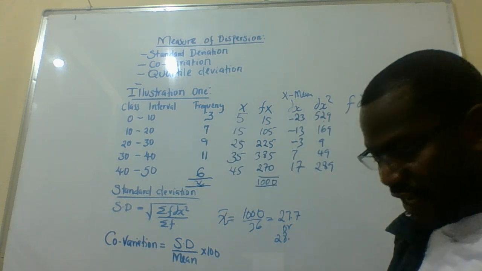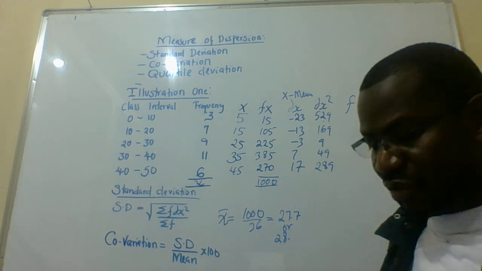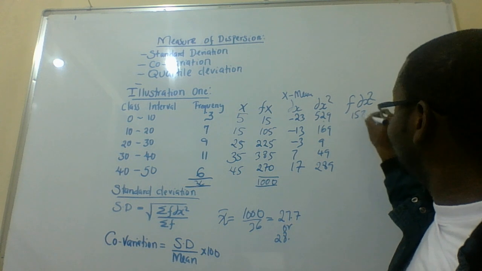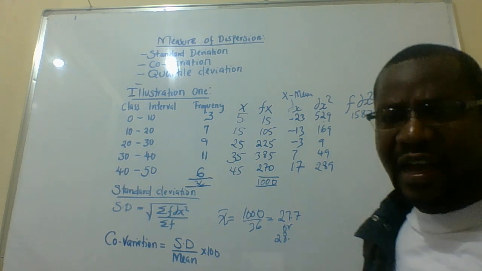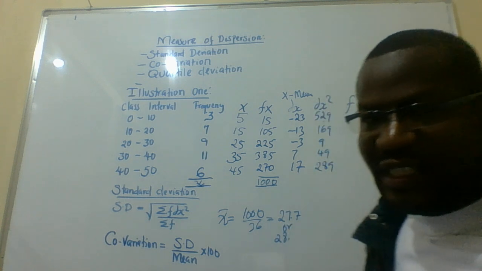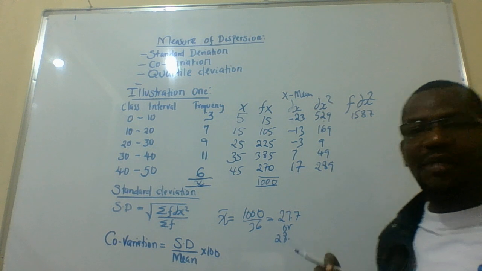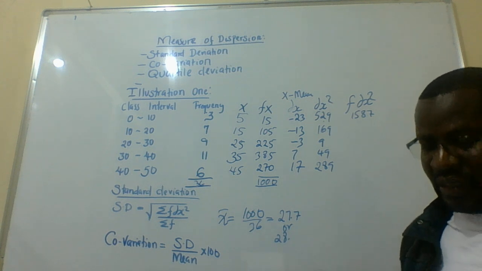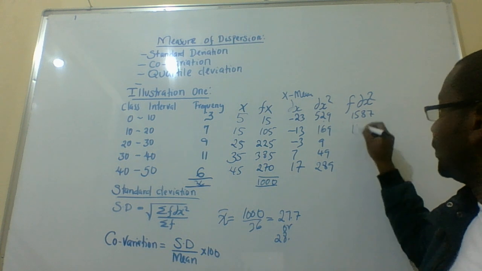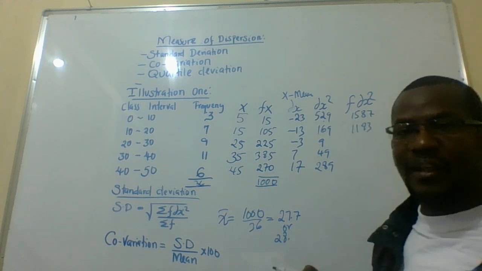Therefore, 529 multiplied by 3, it is 1587. 169 multiplied by 7 is 1183.